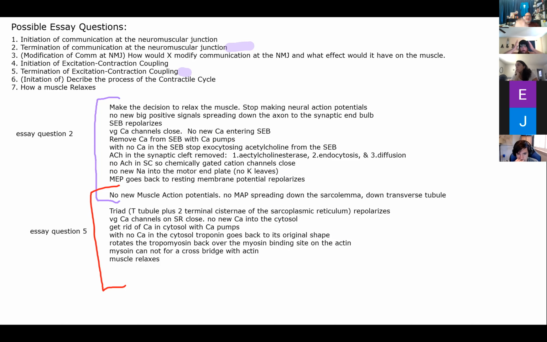But I'm lacking all of the specifics. I'm lacking the details. And so while that essay question would be 100% correct, of the 8, 10 points that you would get for that essay question, you might get 2. Because you're lacking all the detail. The detail is how you show me that you understand these processes.